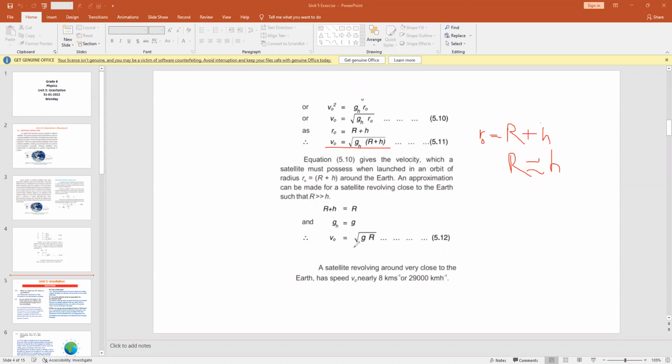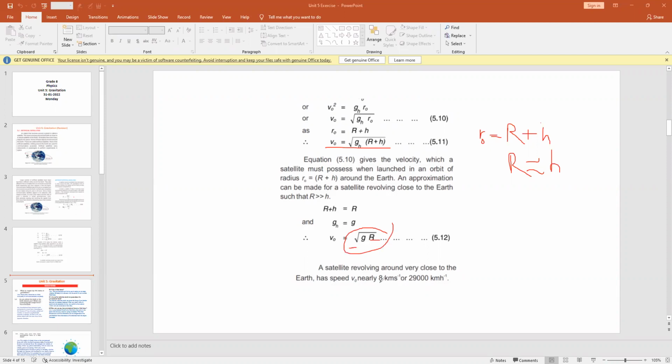So if we put the value of g, the value of g is 10 meter per second square, or you can take it as 9.8 meter per second square, and the radius of Earth is 6.4 into 10 raised to power 6 meter, and it is a constant value, it cannot be changed. You just put the values in this equation, you will get the answer.